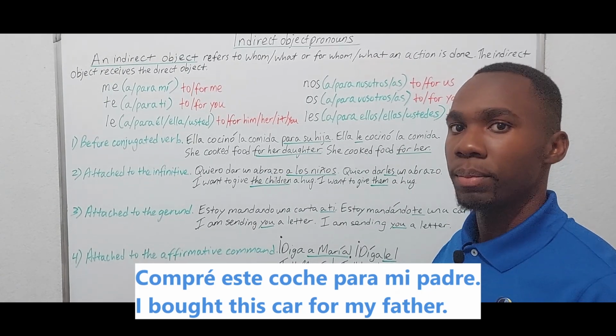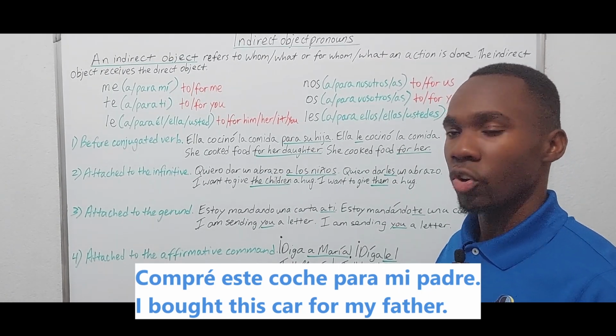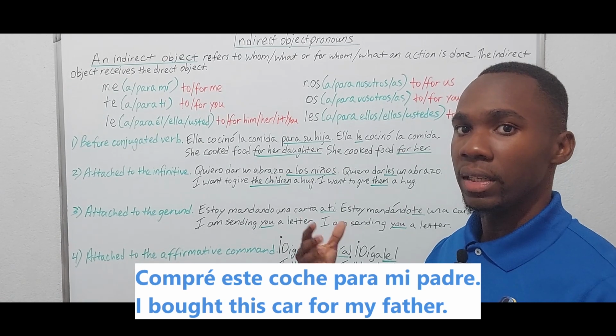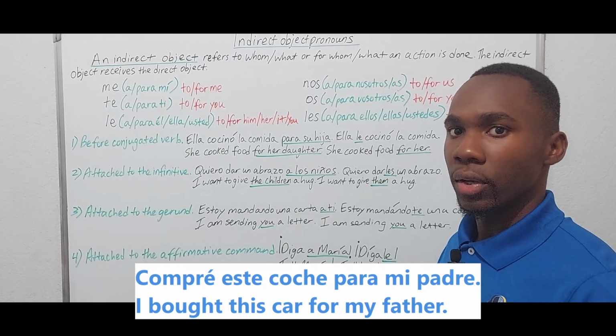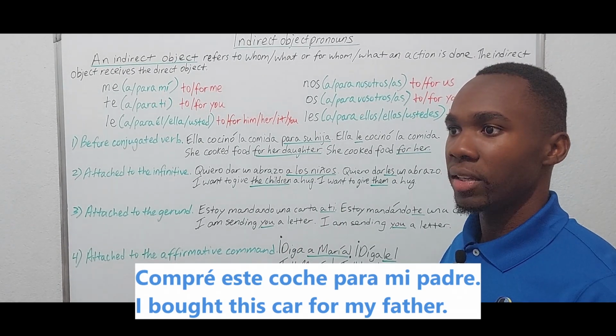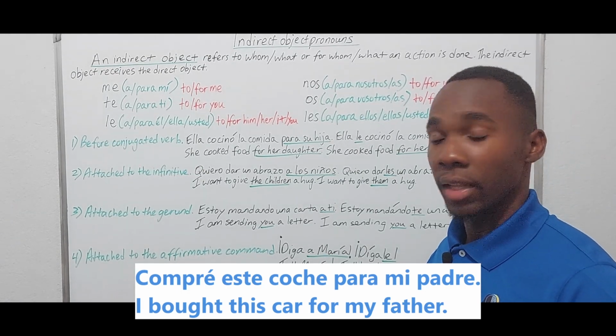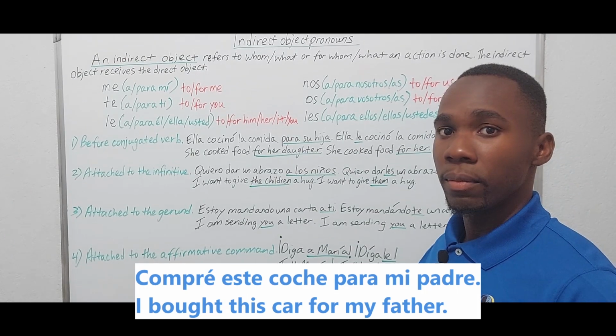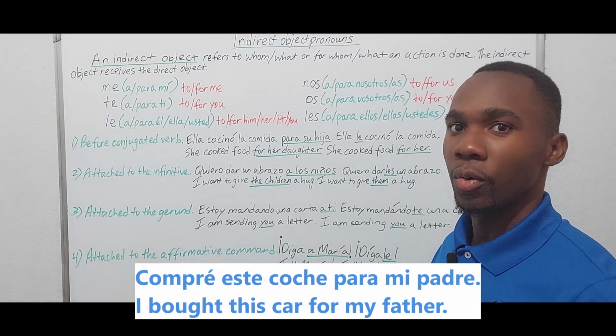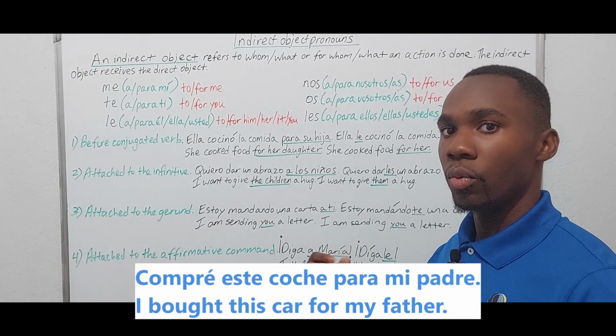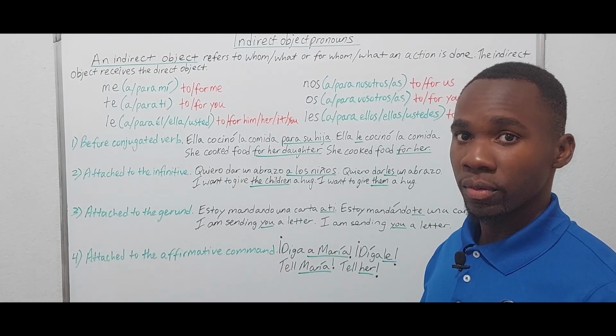My father. Para mi padre. Right? So para mi padre would be the indirect object. Okay? And in English, we will shorten that by saying, I bought the car for him. So that's what I'm going to show you now, how we would express that in Spanish, right?